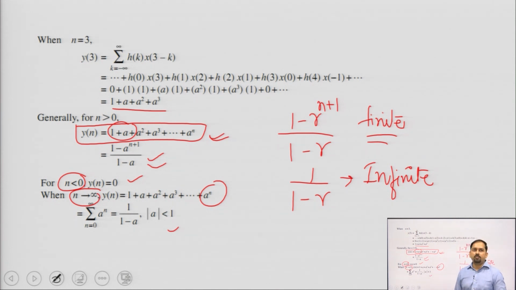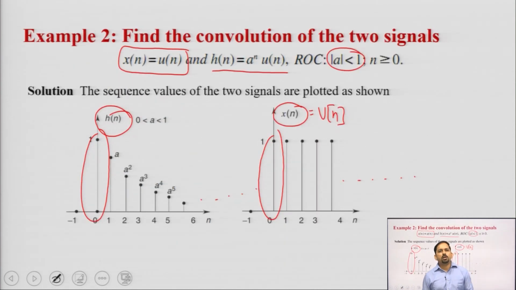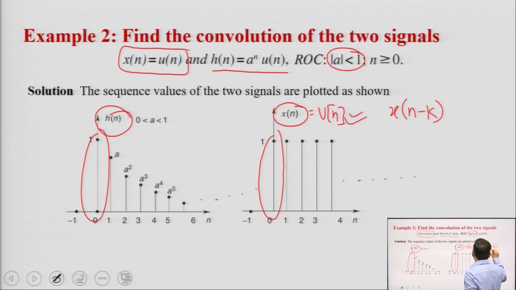Here we have used the analytical approach, but we can also use the graphical one. With the graphical technique, first we perform the mirror image of the signal, after that we perform the delay, which is x of n minus k, and obtain the convolution summation.